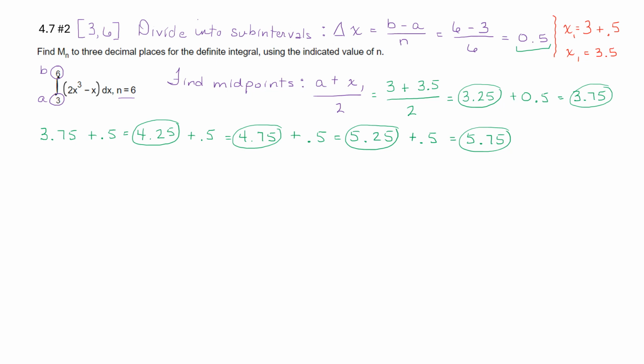Now you might be thinking, why am I stopping there? Because if I add 0.5 to that, it takes me to 6.25, which is past our endpoint. So that's how I knew to stop at 5.75.